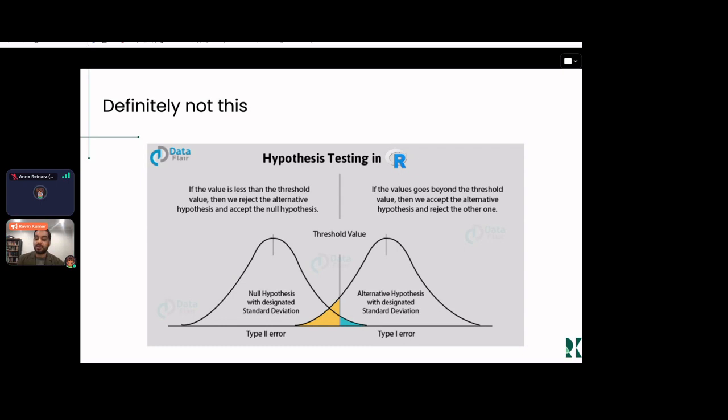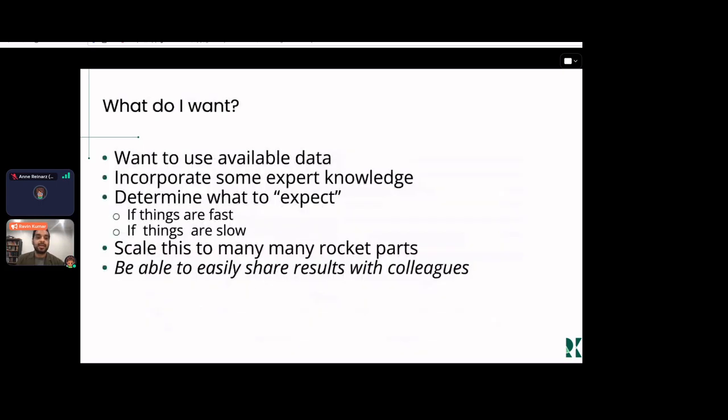At the time, I thought that's what all statistics was. But this is what I needed to actually get from the problem, not a hypothesis test. I wanted to use all the available data. I would like to incorporate some expert knowledge. We'll talk about that in a second. I wanted to scale this to a ton of parts, and I wanted to easily be able to share these results with colleagues.